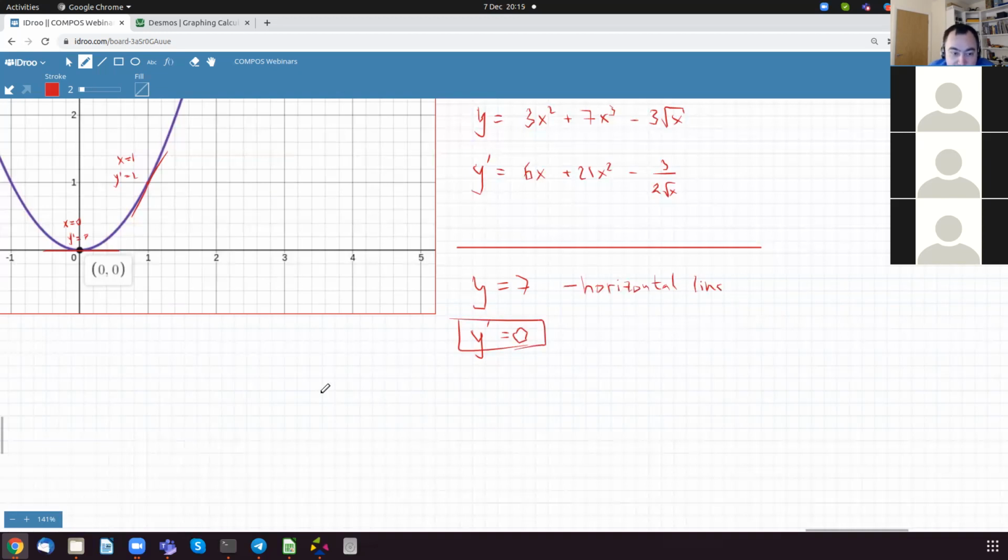So in fact, if y equals c, where c is a constant, y prime is 0.